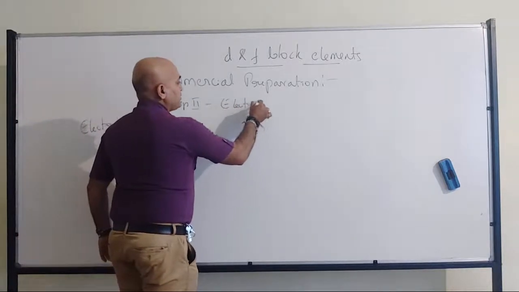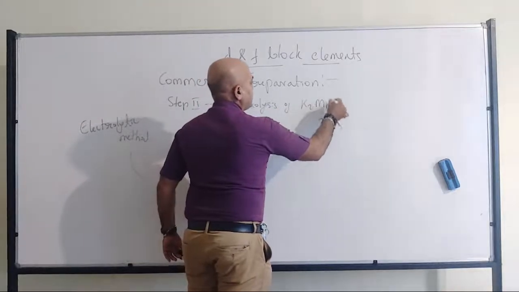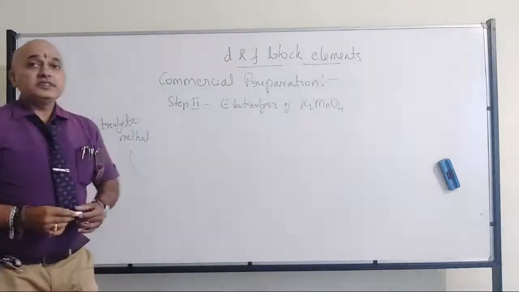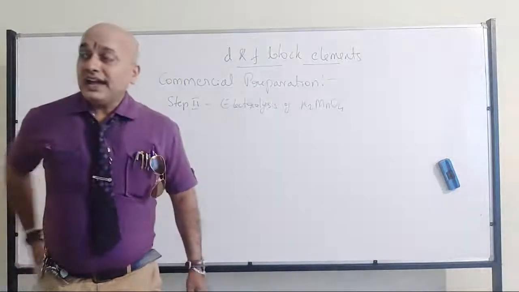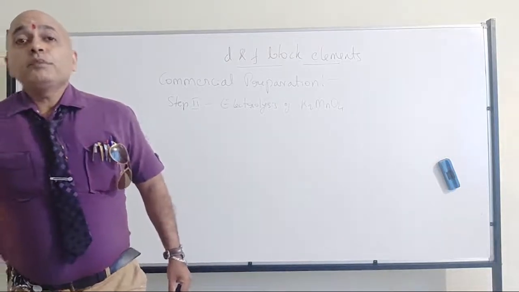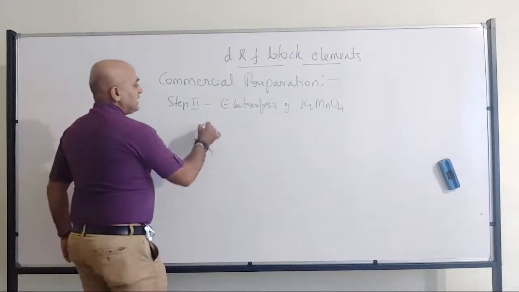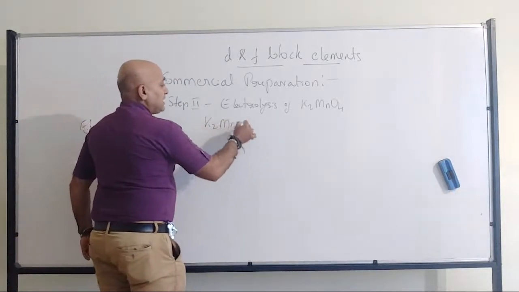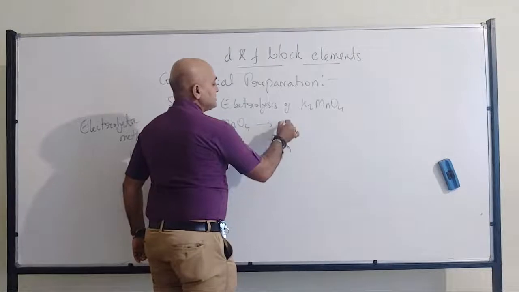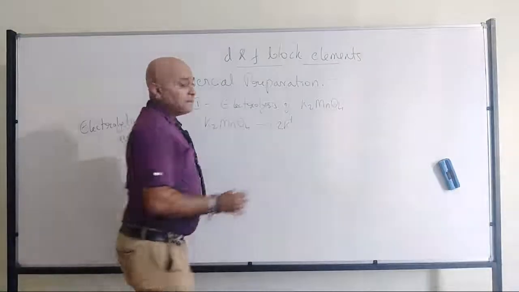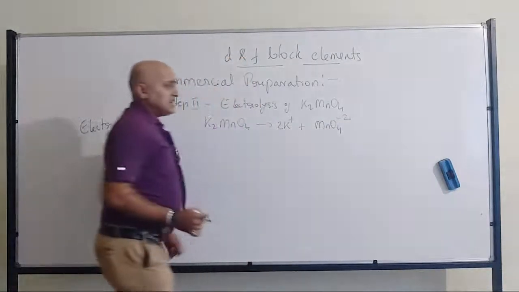So electrolysis of K2MnO4. Right? What do you mean by electrolysis? There will be splitting of a molecule due to the passing of electric current. So from K2MnO4, we can get 2 ions: one is 2K plus, a cation, and another one is MnO4 minus 2 as an anion.